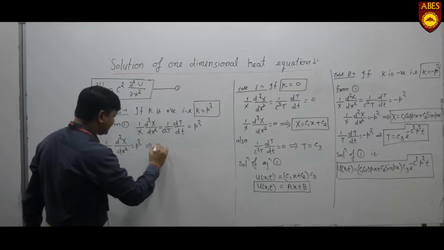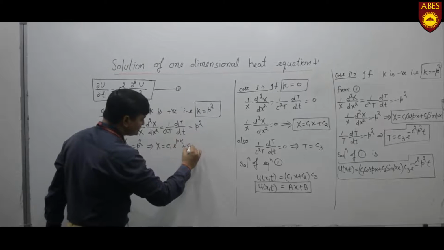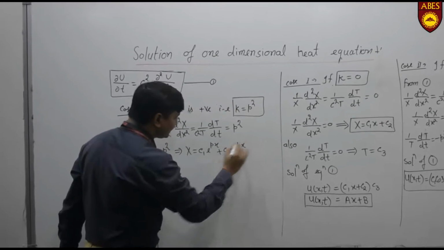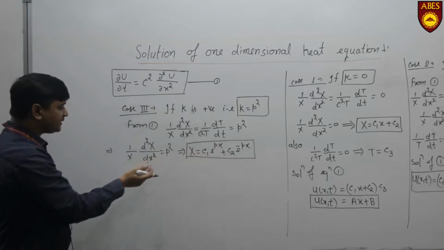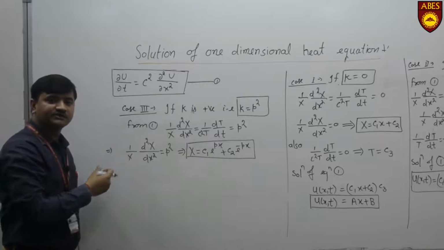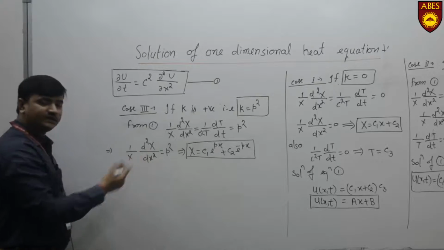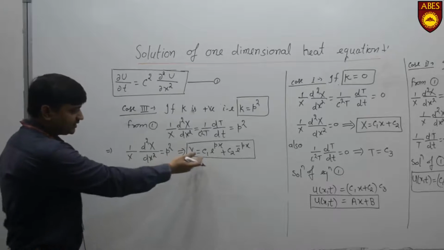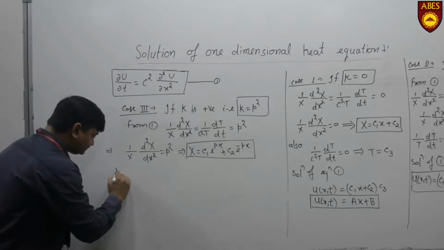It gives the solution as x equals c1 e to the power px plus c2 e to the power minus px. This solution may be obtained just by solving this equation as a second order differential equation with constant coefficients, taking the help of the auxiliary equation, and we'll get the same result as I have written here.